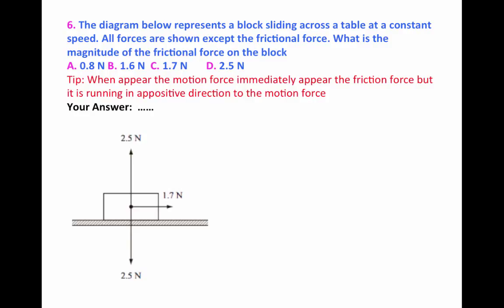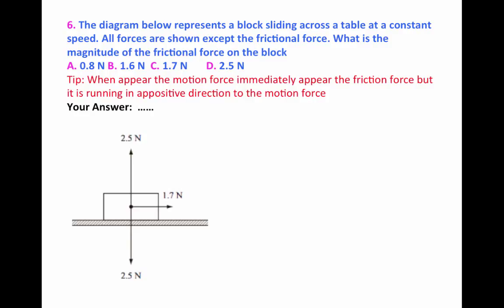Tip: when the motion force appears, the friction force immediately appears, but it is running in the opposite direction to the motion force. You have to check the forces acting on the object.